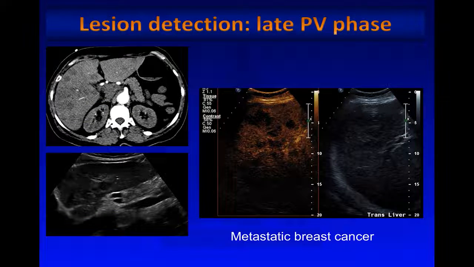Now, you can use the late phase also for lesion detection, because as I said, the contrast will stay in the liver parenchyma for several minutes. So this is a patient who had a scan for pulmonary embolism, and at the bottom of the scan, you saw this kind of hypodense lesion in the liver on the CT.